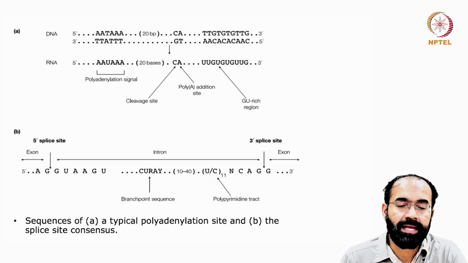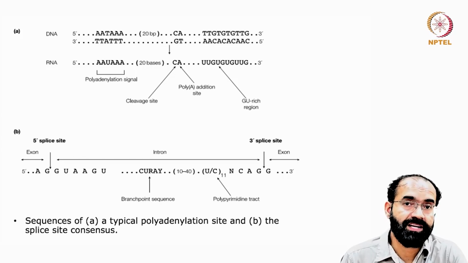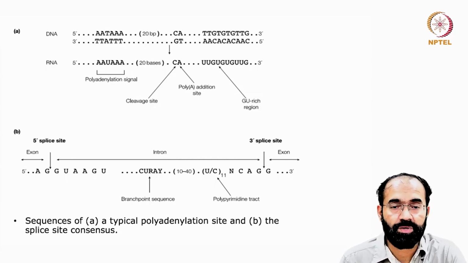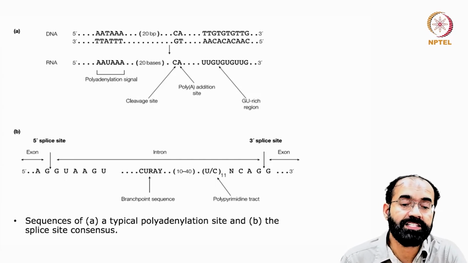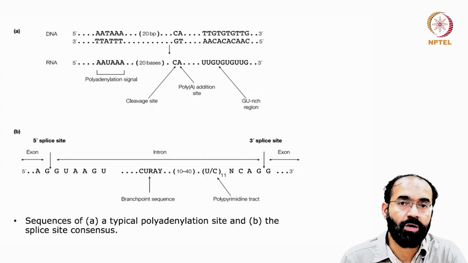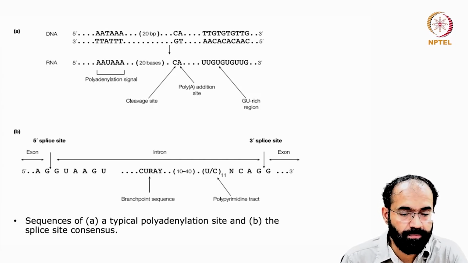For every RNA, before termination, there is a GU-rich region, but that will not be part of the mature RNA because a cleavage happens at the CA site, and once it has come out after cleavage, it is ready for polyadenylation.